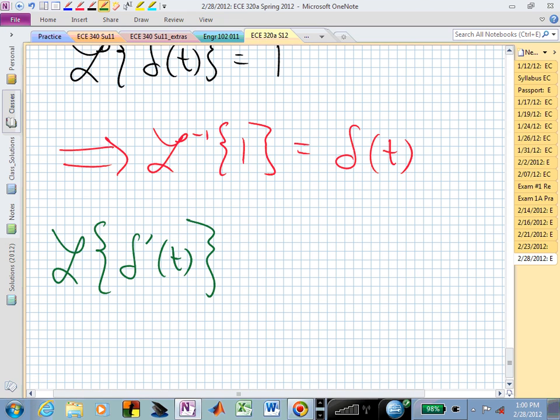But here we're just wanting to do this from our definition of Laplace. How do we Laplace transform a derivative?